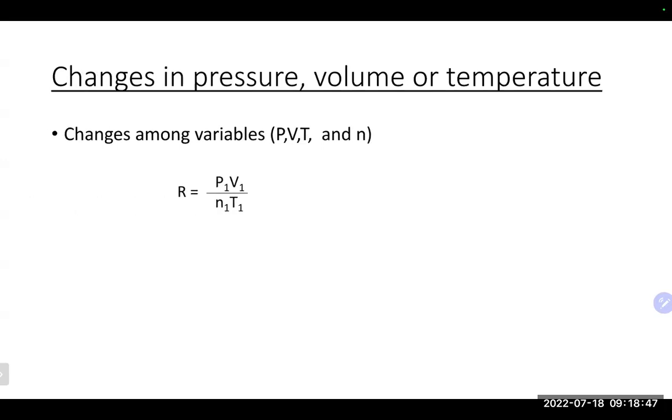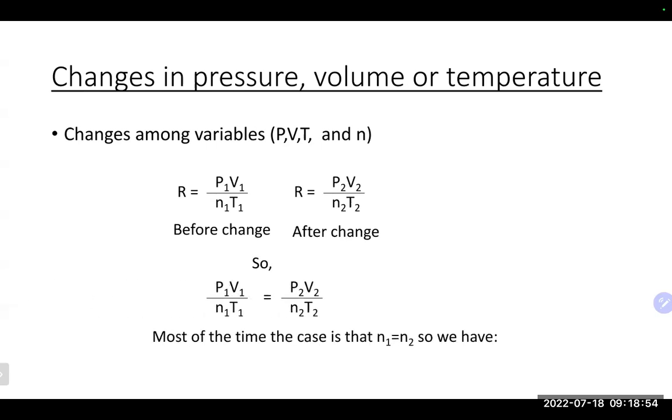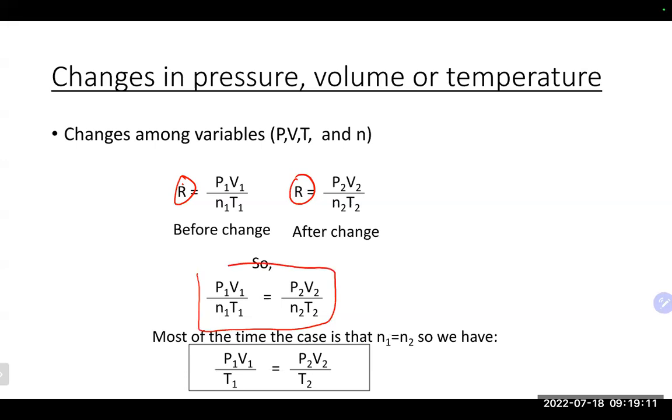So far we talked about changes in one variable or two variables, keeping one constant. But there also is another gas law where we look at changes in all three of those variables, so pressure, volume, and temperature. If we take the ideal gas law and solve it for R, which is the same number, we could set those equal to each other.